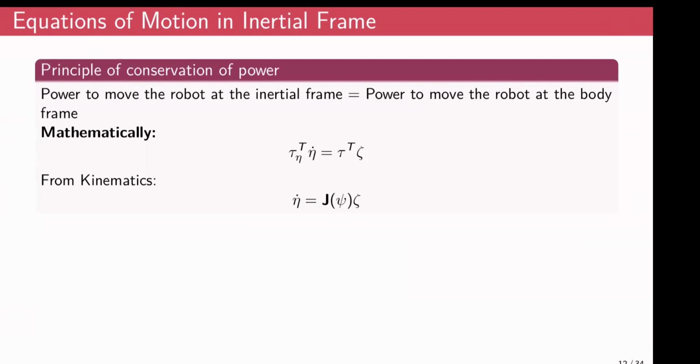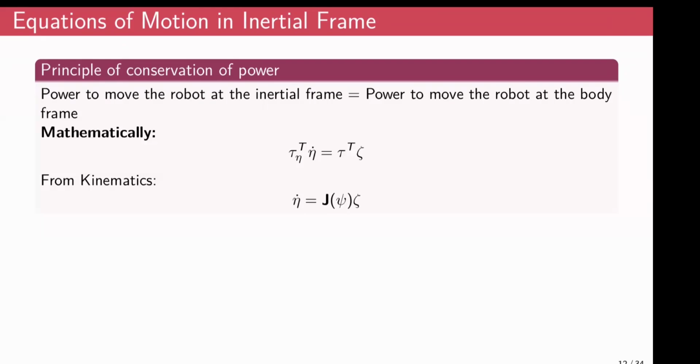It basically says the power to move the robot in the inertial frame of reference is equal to the power to move the robot in the body frame of reference. Because power is a scalar quantity, if you define the power in the inertial frame and in the body fixed frame, its magnitude is going to be the same.